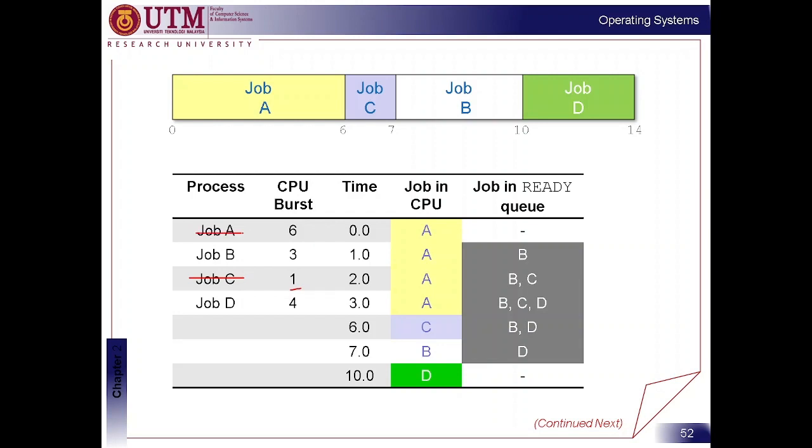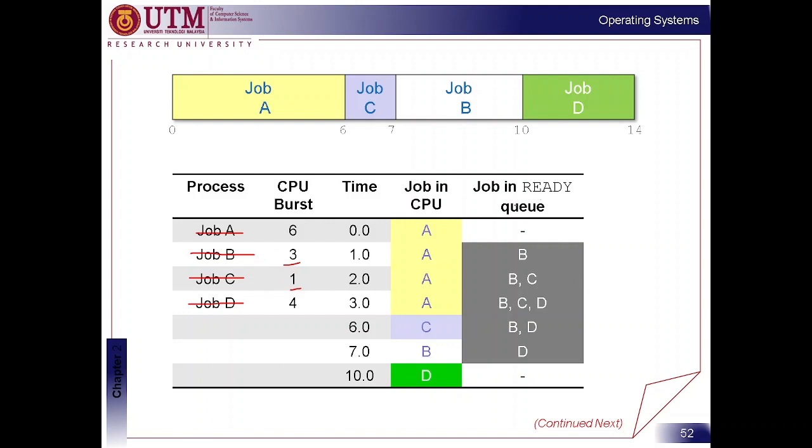Right now job A and job C are finished. We look at the next available processes and compare the CPU burst time. Job B has smaller burst time, so we execute job B until it is completely executed. Then we execute job D. That is how we execute the processes.